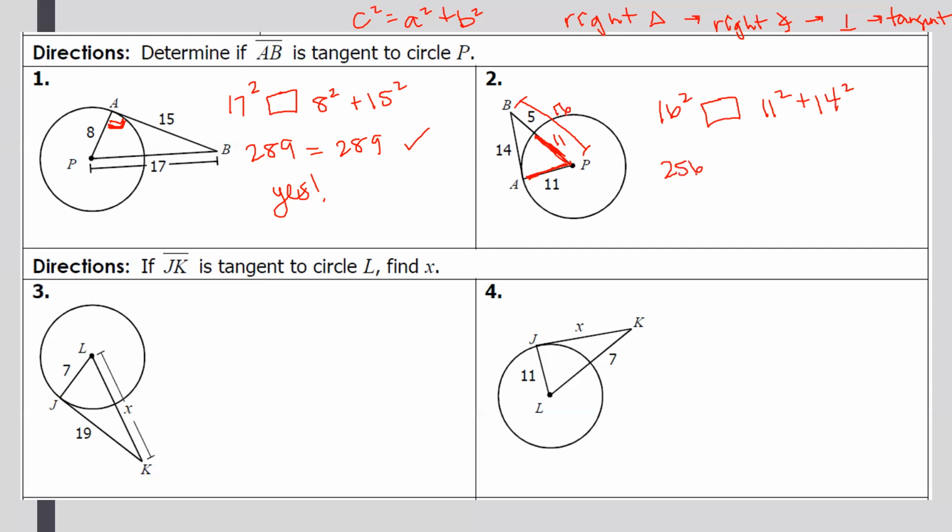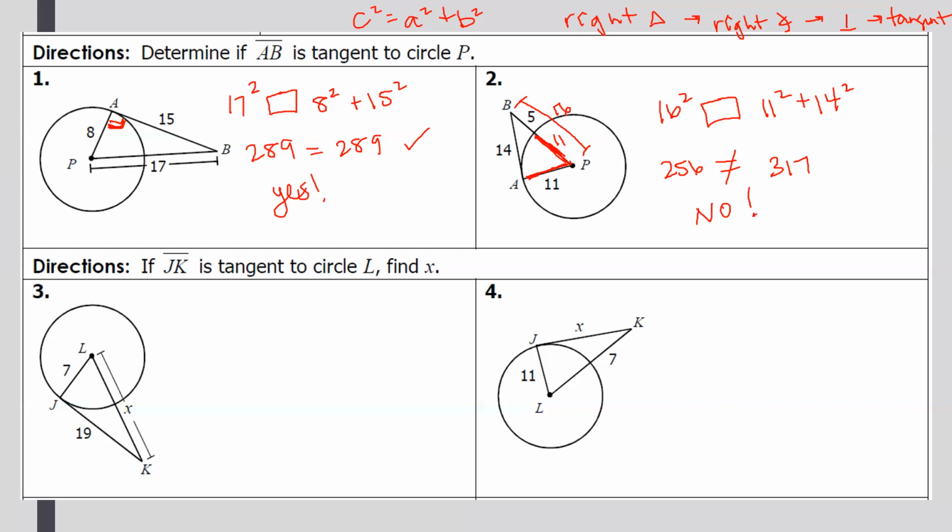And 11 squared plus 14 squared is 317. Those are not equal. You can put the not equal symbol. If you really wanted to put a less than, you could. But what this tells me is this is not a right triangle. If it's not a right triangle, then I don't have a right angle. And if I don't have a right angle, then I don't have perpendicular sides. And if I don't have perpendicular sides, I don't have a tangent. So no, it's not a tangent.